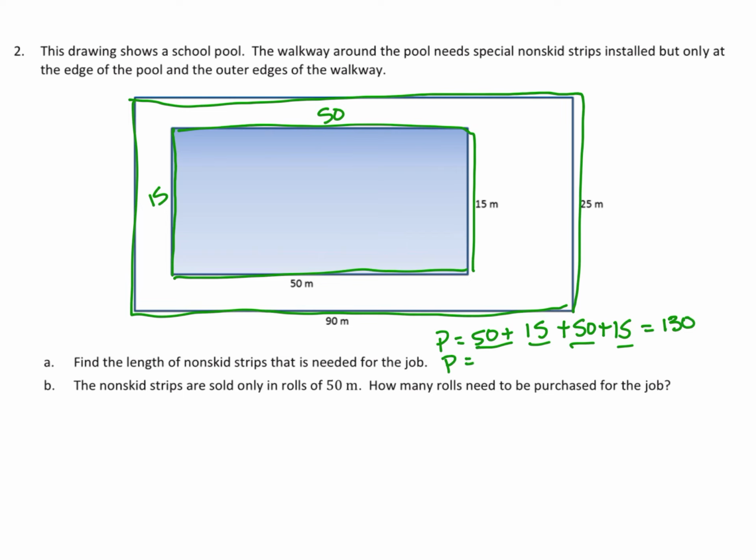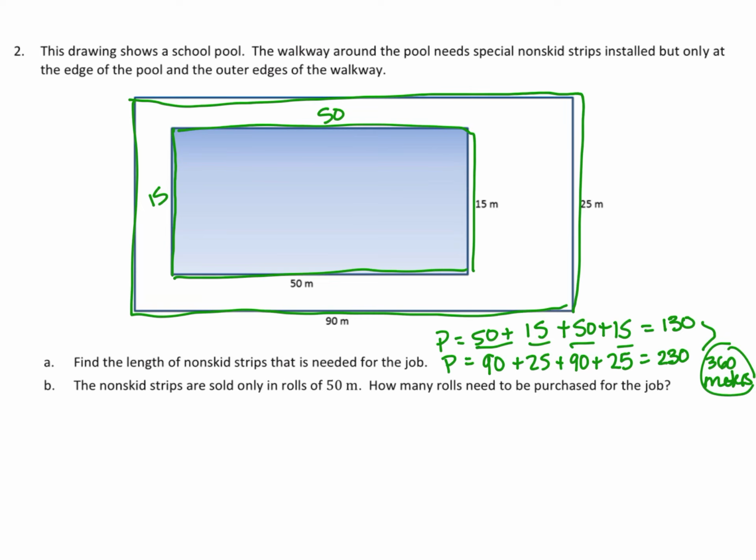And then the perimeter of the walkway, so 90 and 90 is 180, 25 and 25 is 50, 180 and 50 makes 230. So altogether that is 360 meters.